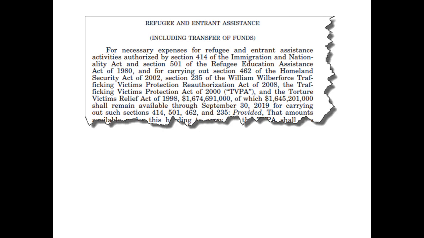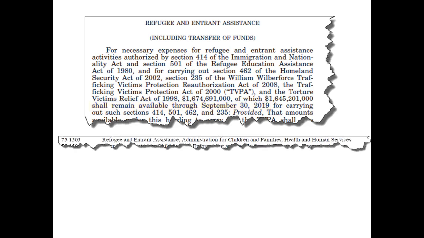The appropriation language for the Refugee and Entrant Assistance Account reflects $1,645,201,000 that shall remain available through September 30th, 2019. By checking the Fastbook, we find the TAS 75-1503 for the Refugee and Entrant Assistance Account.